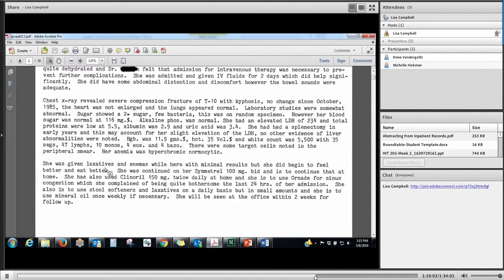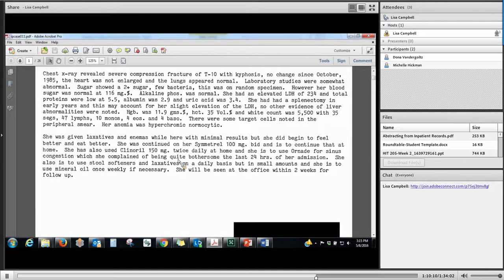Let's see what else I got here. She was given some laxatives and enemas while she was there, and she did begin to feel better and eat better. Then it lists her medications. Now, remember I said earlier how important it was to read through the medical record and research things that you don't know? Well, one of the things that you should research are these drugs.